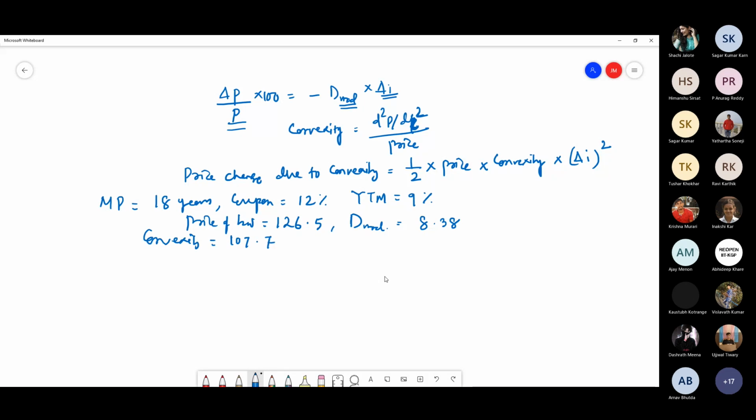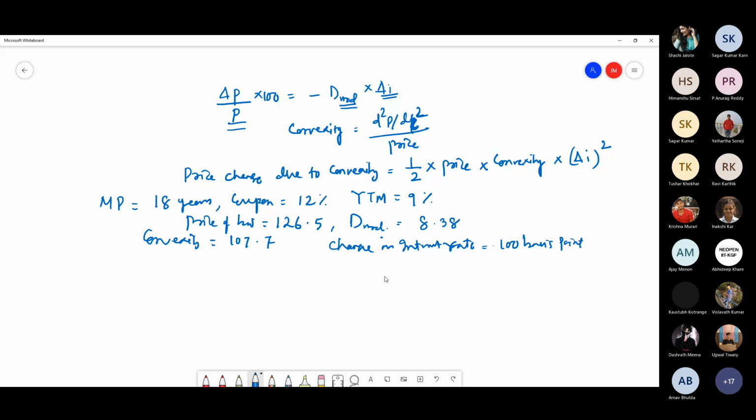So if you want to calculate the price change with respect to the modified duration and the convexity, what is the total price change if there is a change in the interest rate? Let the change in interest rate be 100 basis point, and this 100 basis point is minus.